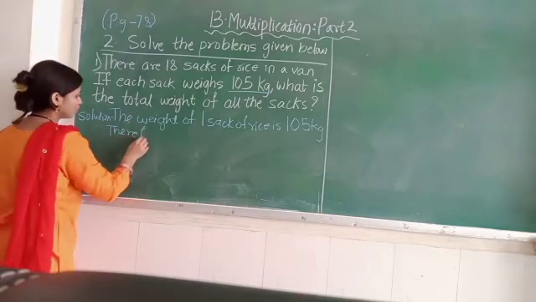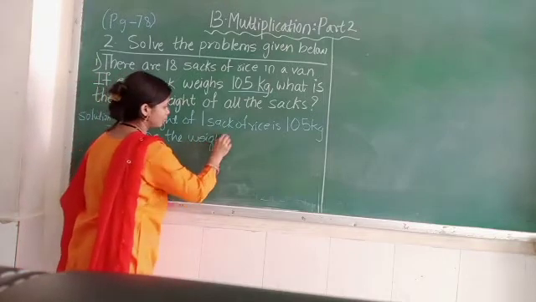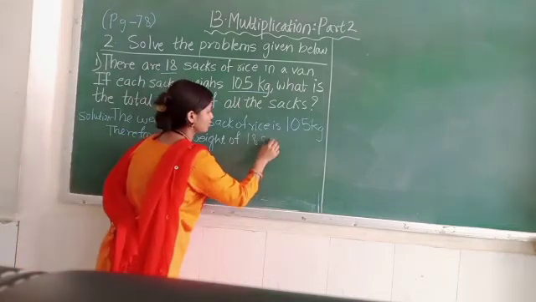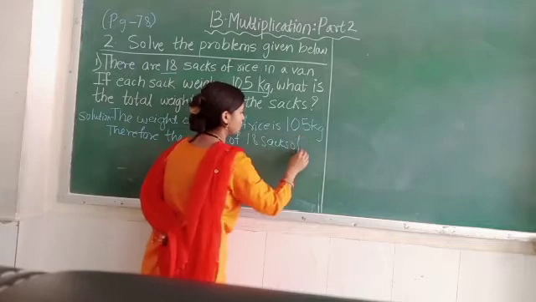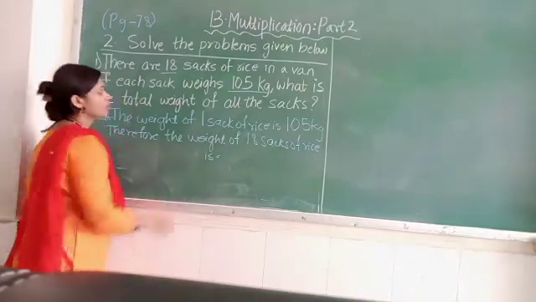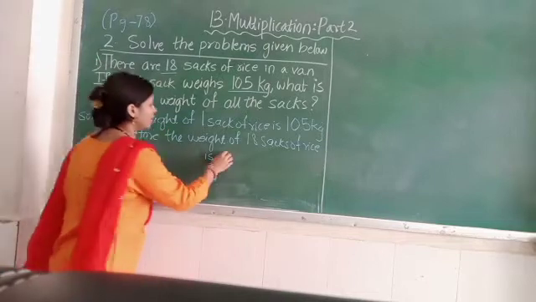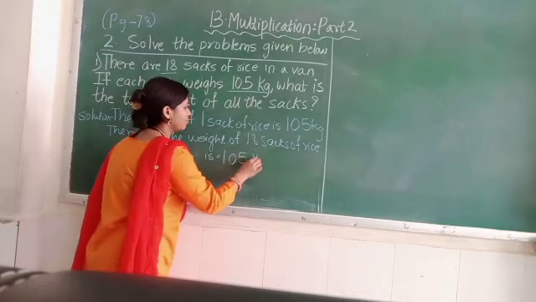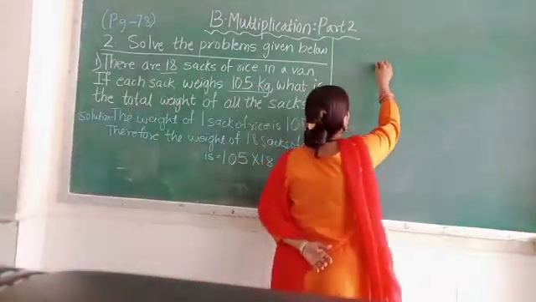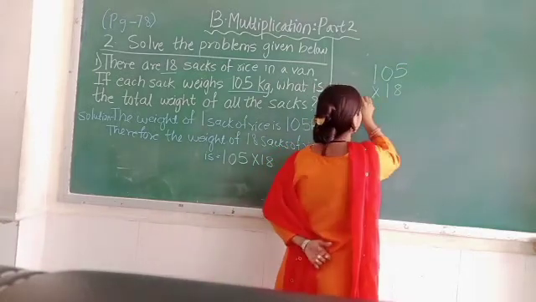Therefore, the weight of 18 sacks of rice is, here what we will do, we will multiply 105 by 18. 105 multiplied by 18, that will give us the total weight. So, now let us multiply 105 by 18.